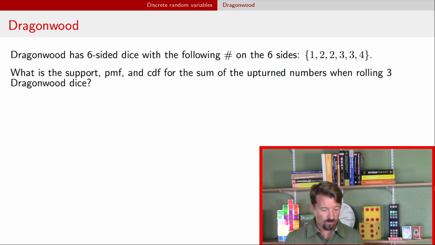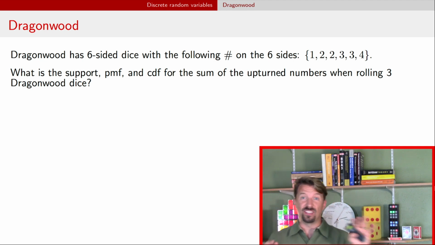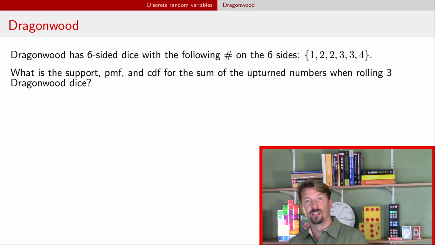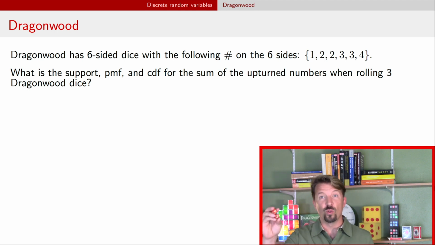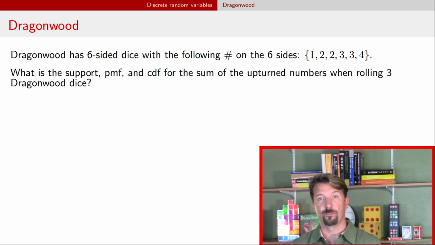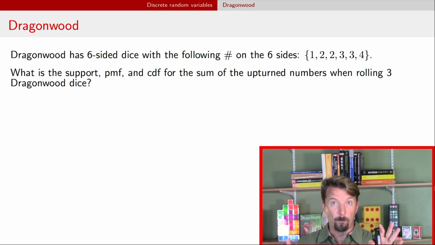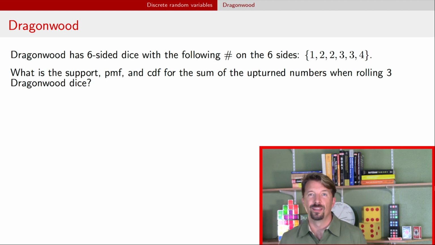All right? And so right now, you might want to stop the video and see if you can figure out what the support, PMF, and CDF are for rolling 3 Dragonwood dice. I don't have a third one. Okay, so stop. All right, now support is relatively easy because you can just think about what's the minimum, what's the maximum, what combinations can I get in between.